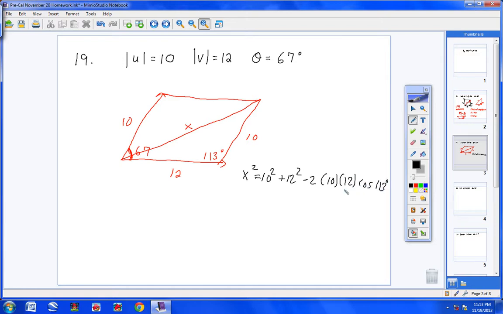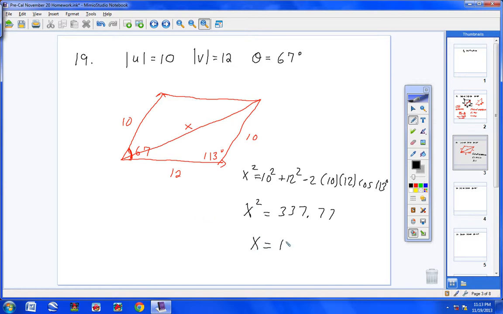Using a calculator, 10 squared plus 12 squared minus 2 times 10 times 12 times cosine of 113 is going to give me x squared equals 337.77. And now let's take the square root of that number, and we will get 18.37 or 18.4.